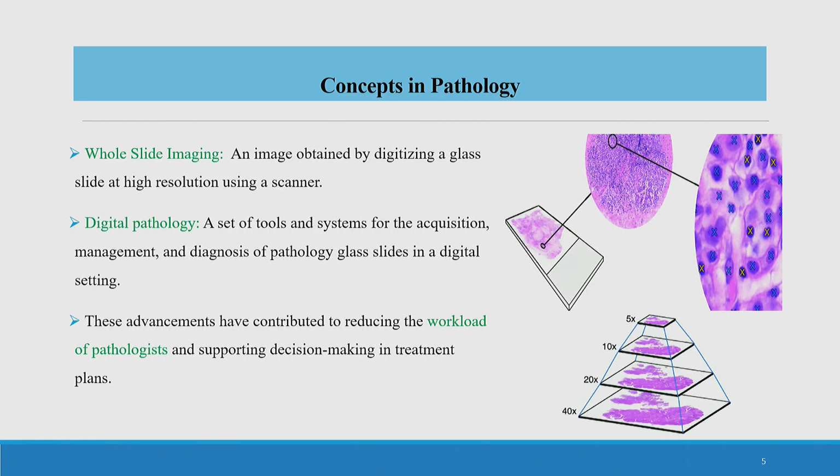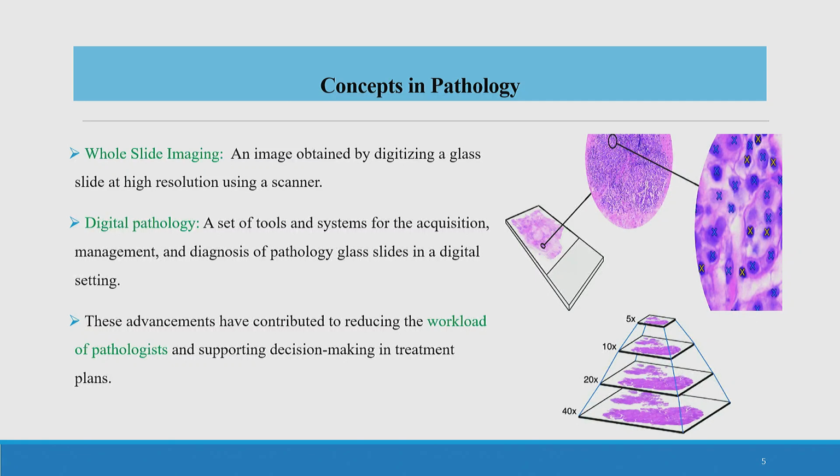So, whole slide imaging. In the traditional way of diagnosing cancer, in old days people used to diagnose the cancer using microscope images. Under the microscope, the cancer was diagnosed. But with the latest technologies like whole slide imaging, in which we digitize the slides, the tissue is taken from the organ of the body.